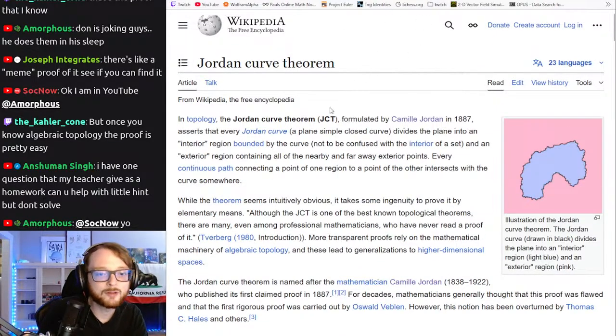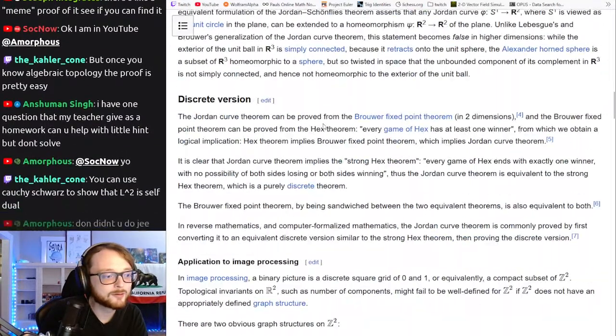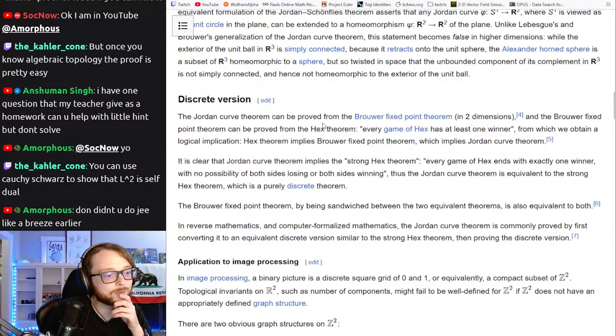Cauchy-Schwarz for the L2 is self-dual. Whatever that means.